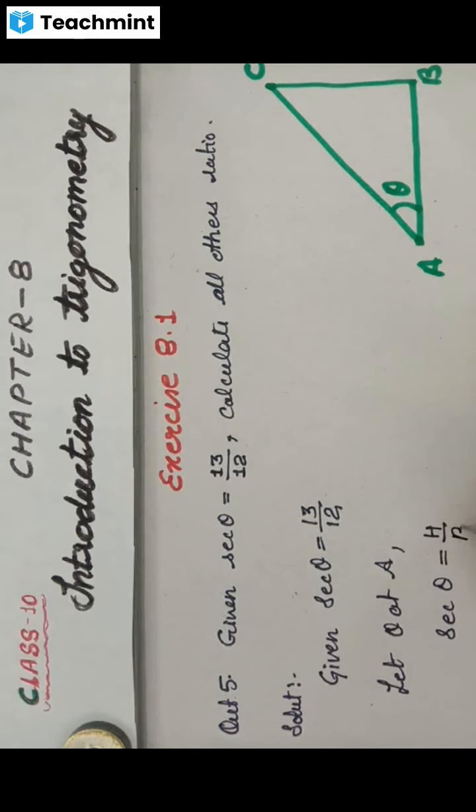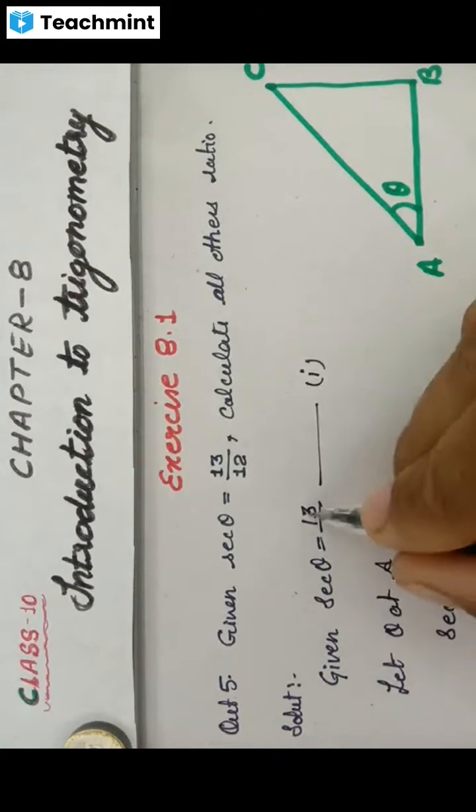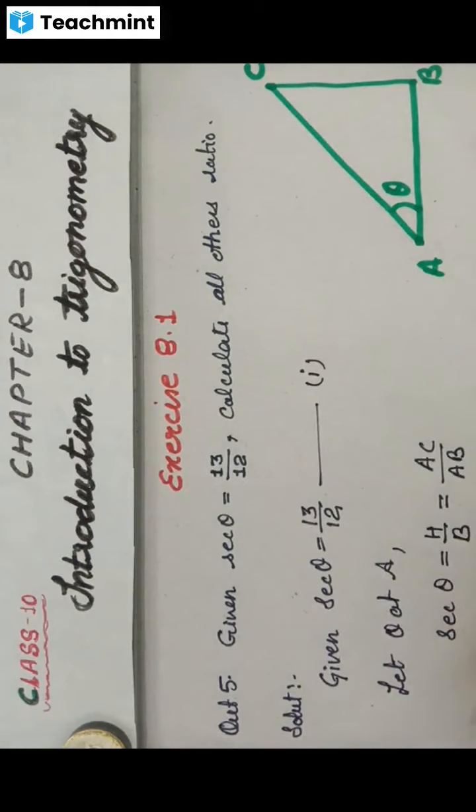Sec theta is hypotenuse upon base. So hypotenuse in this is AC, and base we have AB. It is given, statement number 1, sec theta is 13 upon 12, and we know, statement number 2, that sec theta is equal to hypotenuse upon base, which is AC upon AB. So from statement number 1 and statement number 2, AC upon AB is equal to 13 upon 12.